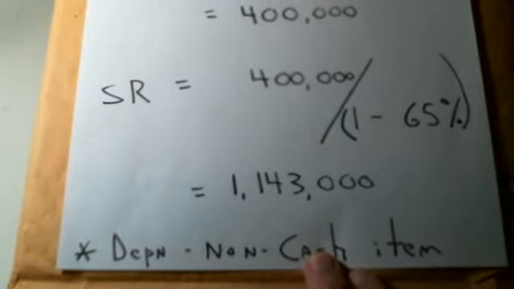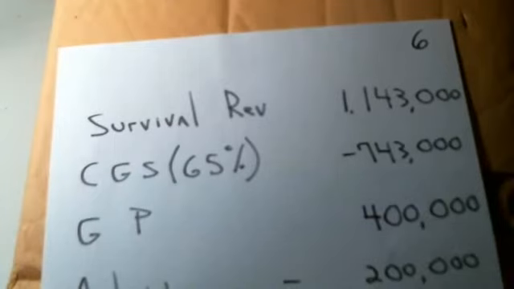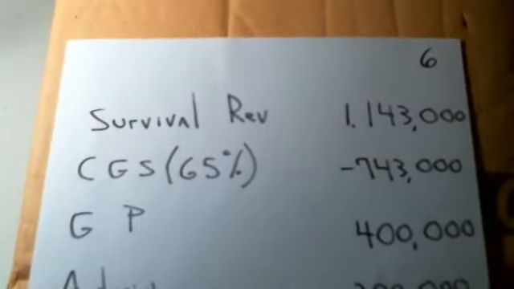1,143,000. Now, like in a lot of accounting and finance problems, we want to find some mechanism of checking your answer to see if in fact it works. So we're going to plug that number back into the projected data. Instead of the 1 million bucks, this is telling us we need 1.143 million.